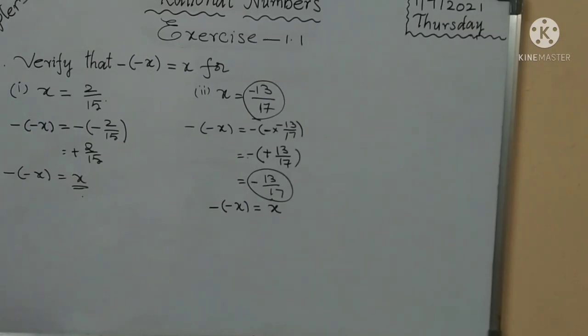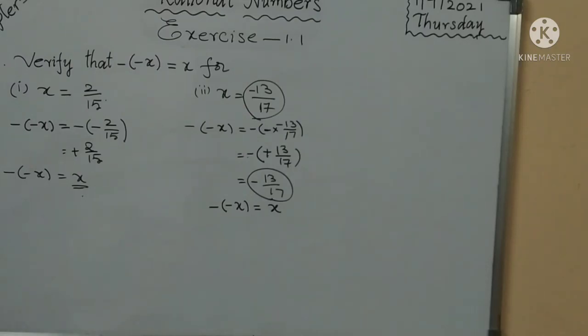Second one, the rational number that does not have any reciprocal, that is 0. Third one, the reciprocal of a negative rational number. We have to take any negative rational number. Reciprocal means change the denominator and numerator, but the minus is there.